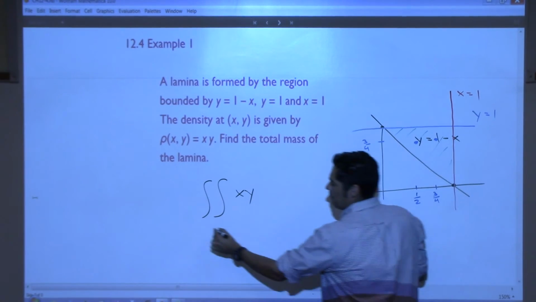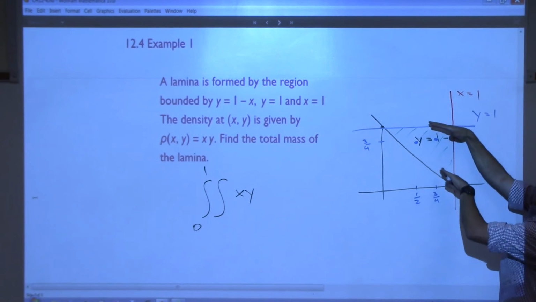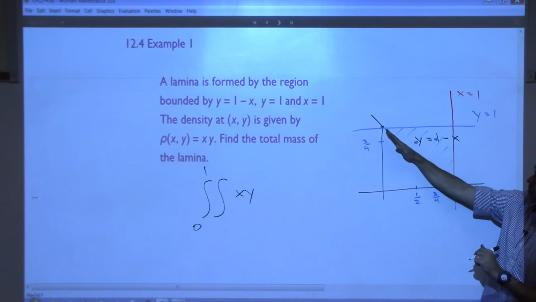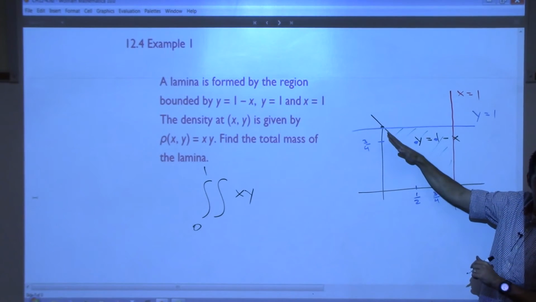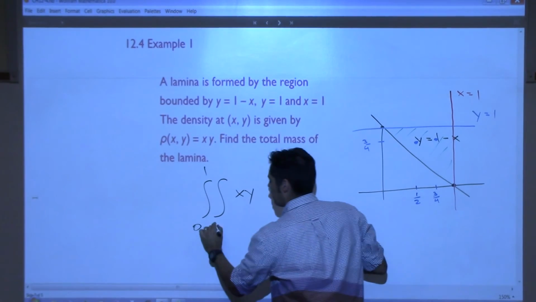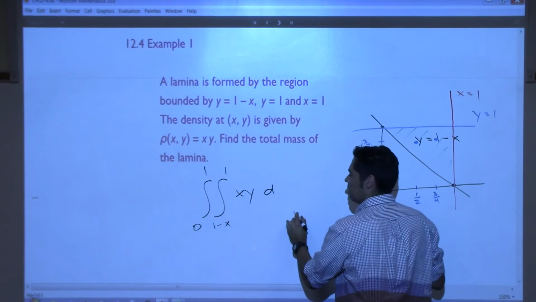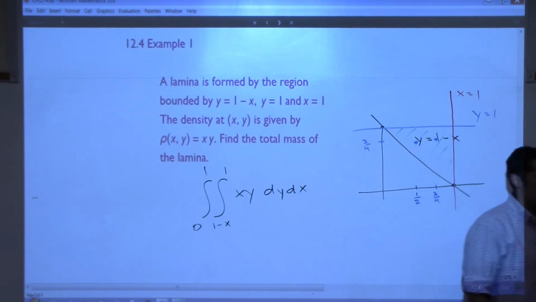My y's are bounded between two functions of x. This one's the bottom one, this one's the top one. So the bottom one is 1 minus x, the top one is 1. dy dx. If you can compute that, you've got the mass of the lamina.